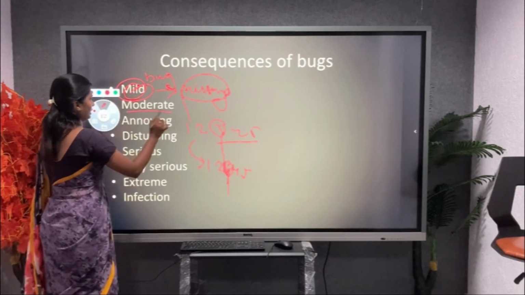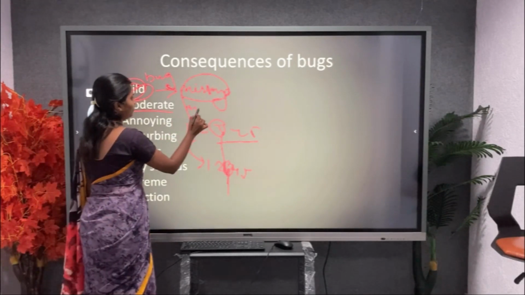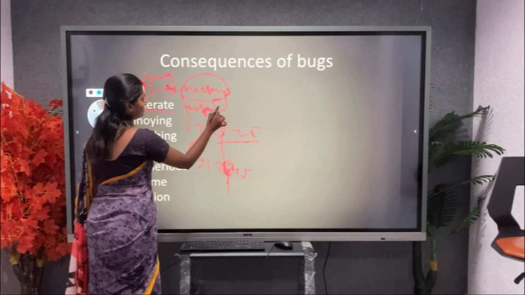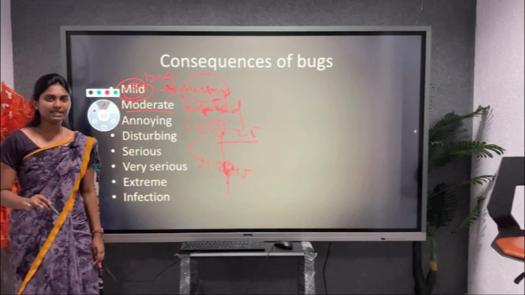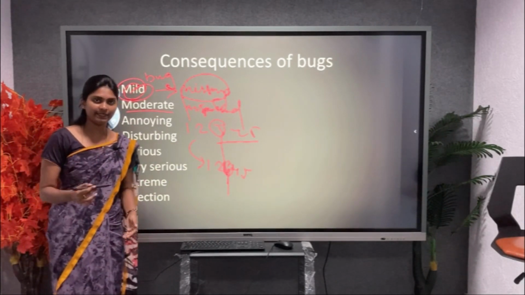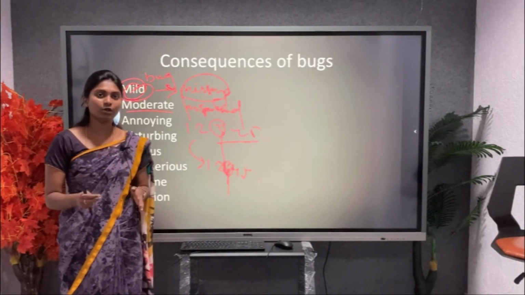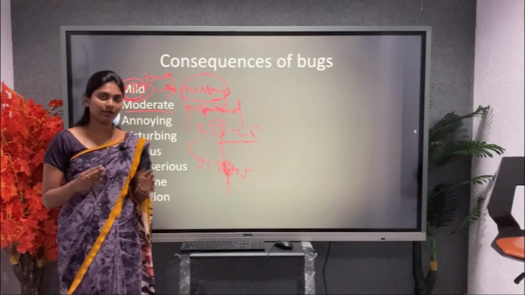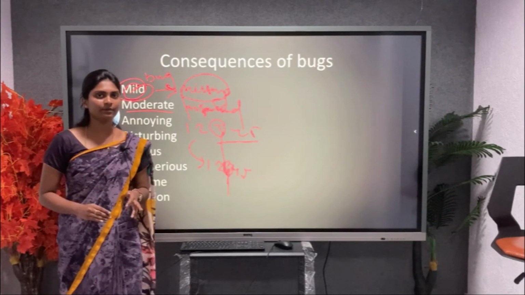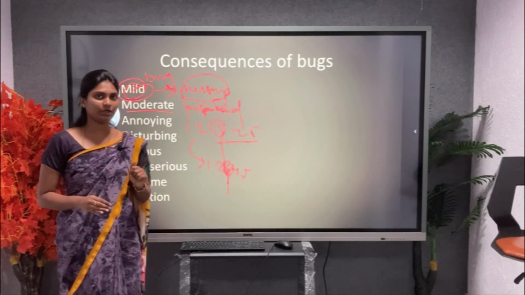Next one, moderate. Moderate means misspelled. What is misspelled? Suppose I take the word automated. Instead of saying automated testing, I say manual testing.